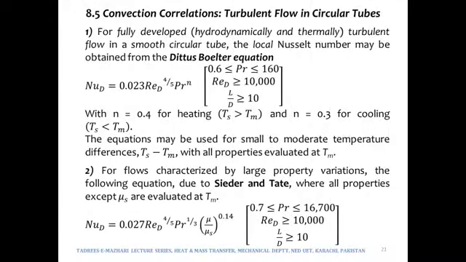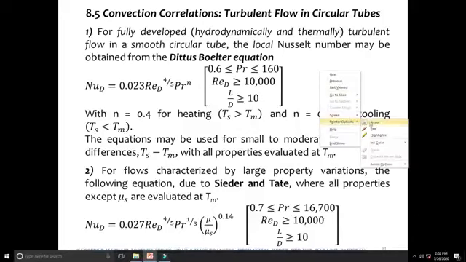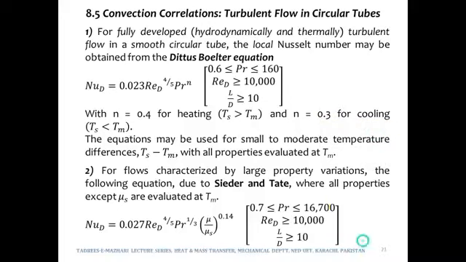Now for the turbulent flow. For turbulent flow that is fully developed both hydrodynamically and thermally, because over here in the title it says turbulent flow in circular tubes, the local Nusselt number may be obtained from a very famous equation, the Dittus-Boelter equation.